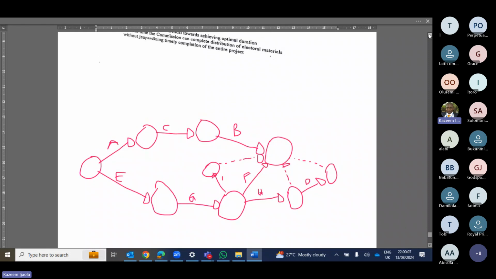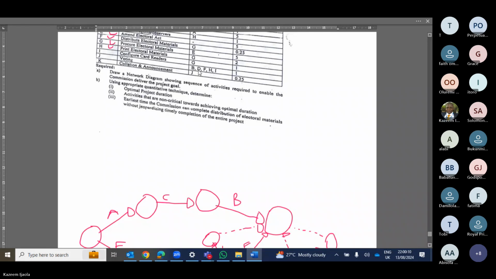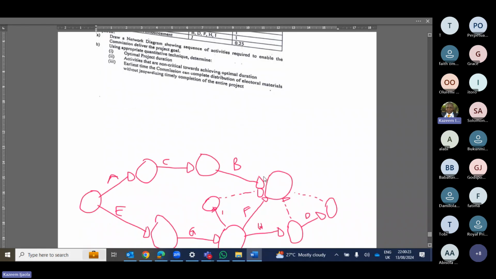So this one is B, F, H, I. I think I have everything set. So I is done. J. So my J is from B, D, F, H, I. If you check this circle here, I have B here, I have D here, I have H here, I have I here, and I have everything here.